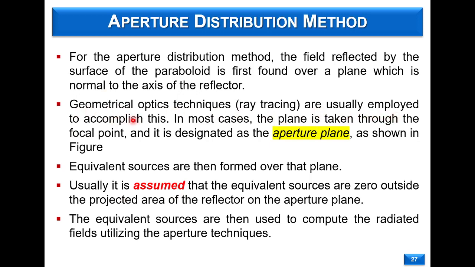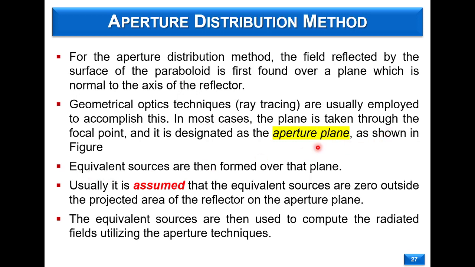So how would we do this? We use geometrical optics, similar to the reflection concept that we use to find the geometry of the surface of the reflector. Most of the time we find this to go through the focal point. So the focal point defines the plane where we calculate our field, and this is called the aperture plane.